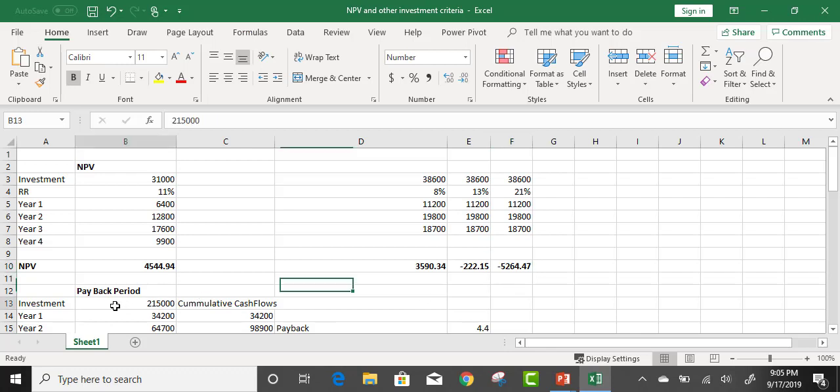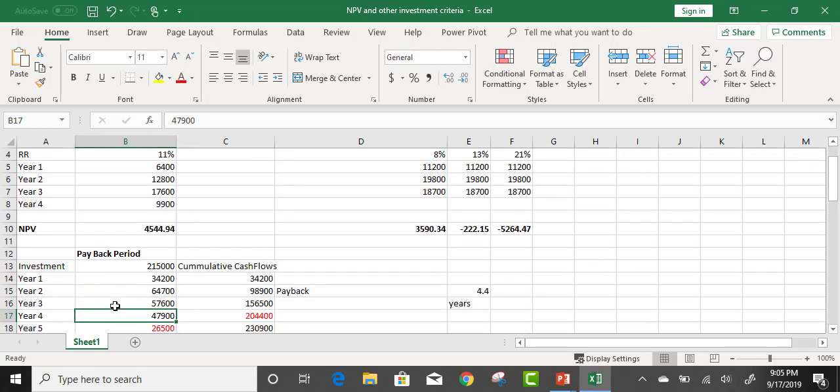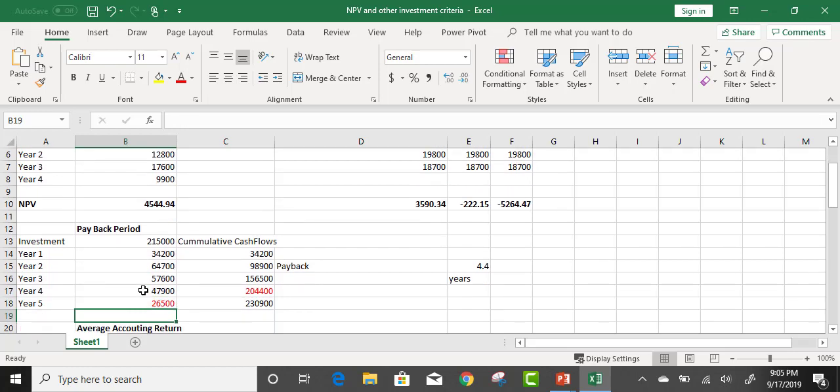In this payback period example, the project has an initial investment of $215,000, and the cash flows that the project generates in each year through 5 years are given. So the first step is to find the cumulative cash flow. What is the total cash flow in each year?